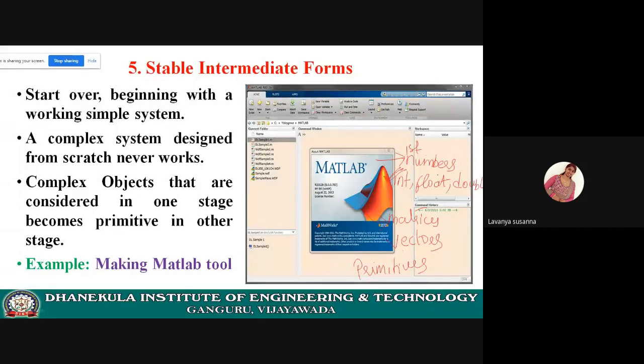During developing a complex system, you must go from the first stage to another stage. This is called an intermediate form. You must develop the complex system stage by stage. Here the important point you must remember is the objects which are considered complex in one stage.